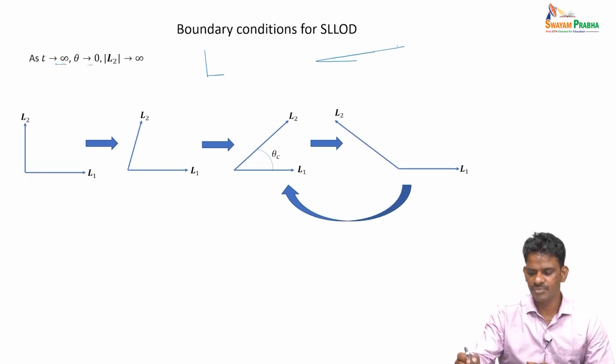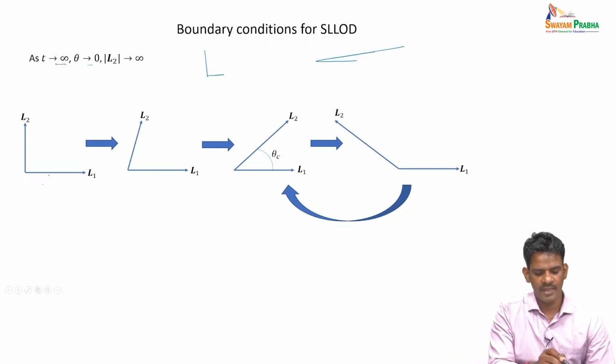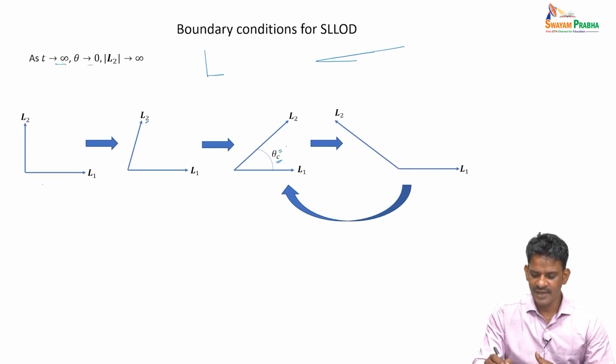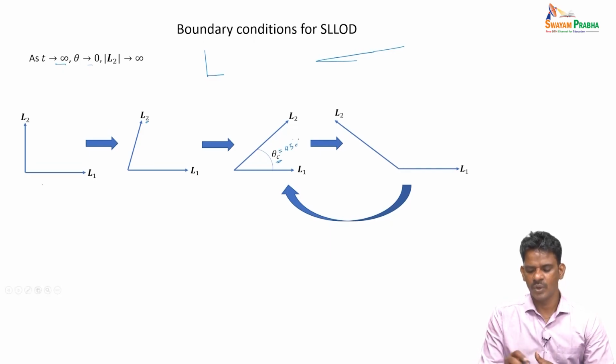To avoid this problem, what we generally do is start here and then integrate. After some time the box length has become like this, and you continue until you reach a critical angle, typically 45 degrees. Once you reach this, you map the box dimension to the opposite side, so this goes from 45 to 135 degrees.